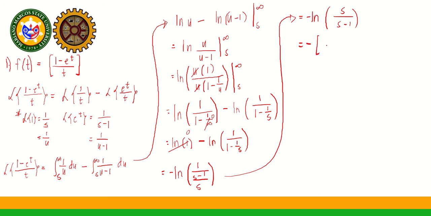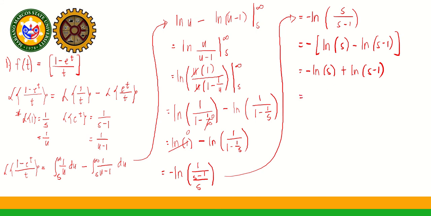This will be equal to negative ln times s minus ln of s minus 1. Okay. So, distribute natin si negative. This will be equal to negative ln of s plus ln of s minus 1. And then, ibalik natin ulit sa form na ganito.